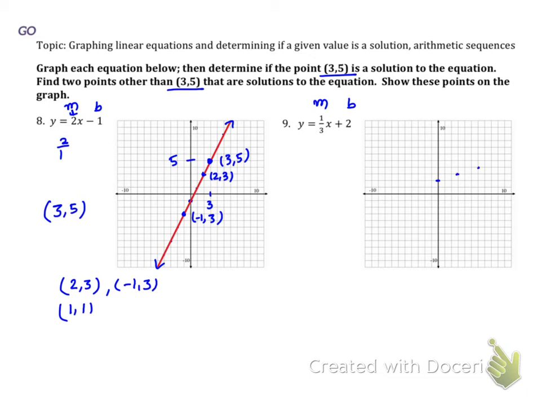Up by 1, run by 3. And I do the same thing backward. I run by 3, down by 1, run by 3, down by 1, run by 3, down by 1. So this way I'm getting my line. I just connect the dots to get my line, and then let me draw the proper line.